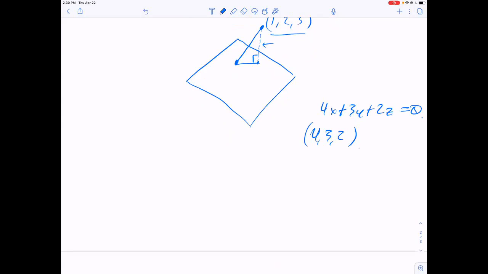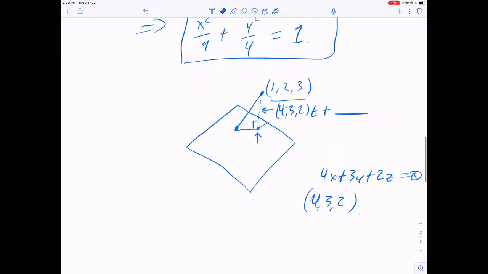So now we know that this line here is going to be 4, 3, 2 t plus something. We don't know what this point is, but we do know one point on this line, which is 1, 2, 3. Does that make sense to everyone?